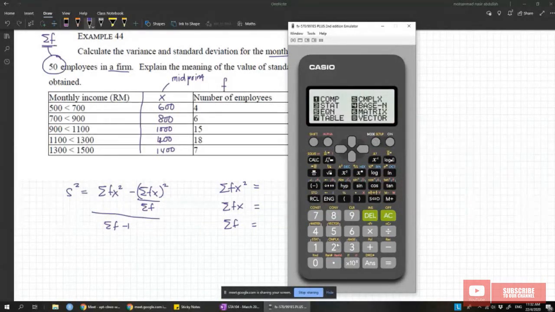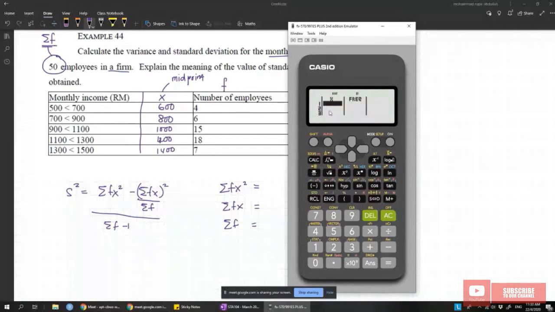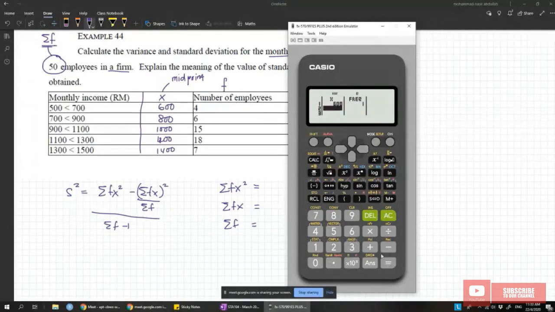Next step is we click on Mode and find stat and find number 1, variance. So press 1. So we input all the values in the X column. So 600, and then this is 800, and this is 1000, 1200, and the last one is 1400.